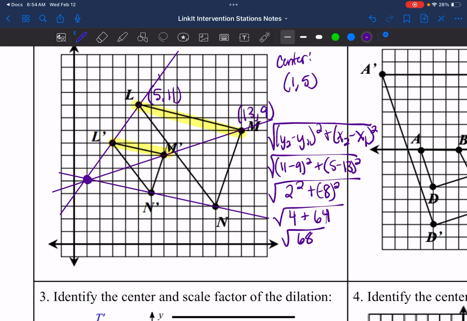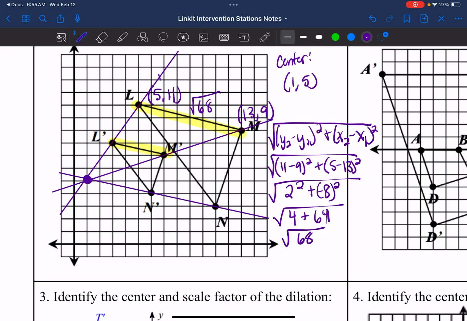It's not a perfect square, so you end up with a decimal. For now, let's just leave it at the square root of 68. I don't want to round anything and shave any part of the number off.